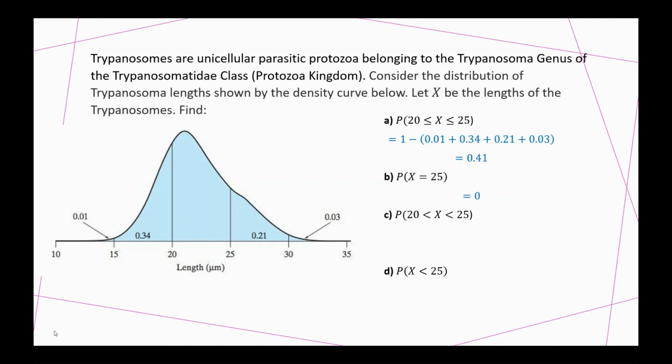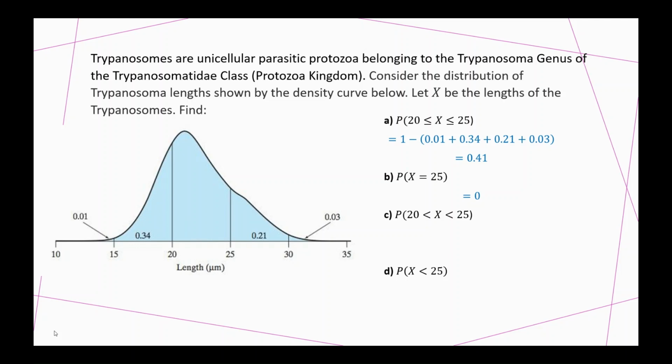If that were the case, you would expect that when we measure these protozoa, they're not necessarily going to end up with nice whole number lengths. One of these protozoa might be 25.6354 micrometers in length, something crazy like that.